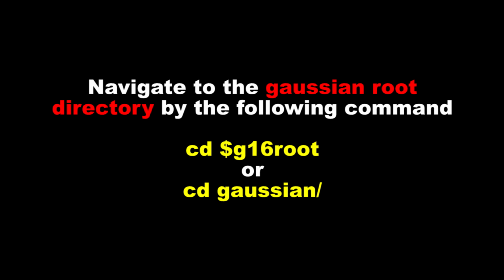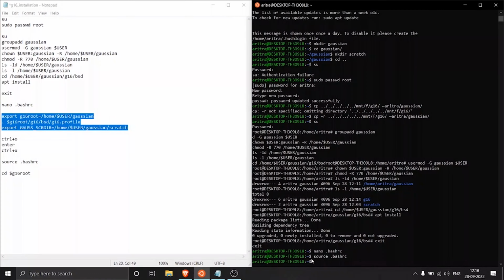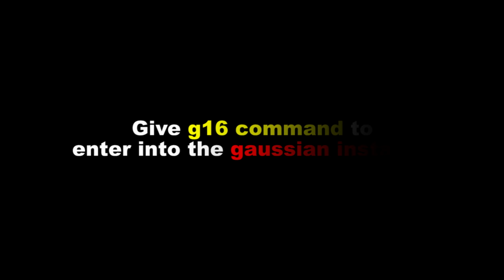Navigate to the Gaussian root directory by the following command. Give G16 command to enter into the Gaussian instance.